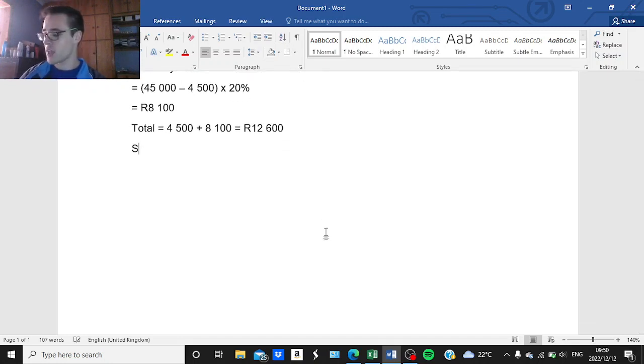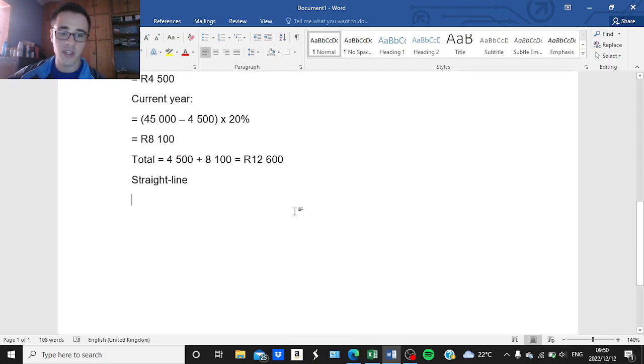Let me just show you if the straight line method was used. So if we used the straight line method in order to calculate depreciation, the unrealized depreciation would then be calculated by taking the unrealized profit of 45,000 multiplied by the depreciation rate, which is 20%, and then we will multiply by 18 over 12.